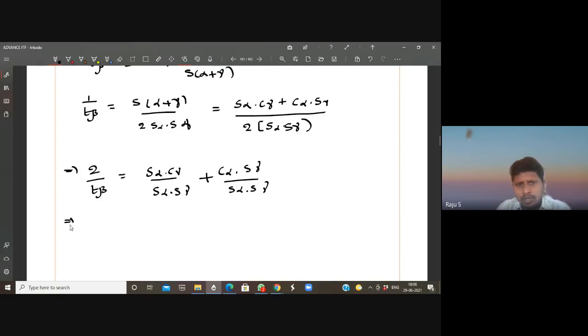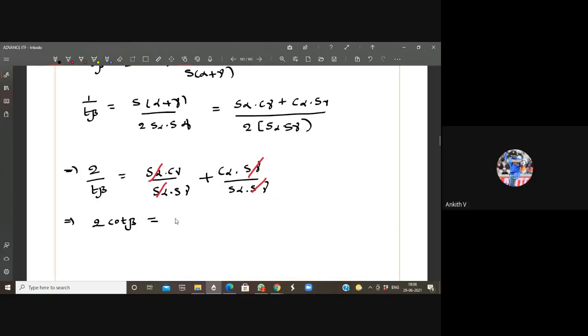So 2 by tan beta can be written as 2 cot beta, which is clearly equal to, anything will be cancelled here. Okay, then what about the remaining, students? See, cos alpha by sine alpha gives cot alpha, so cot gamma plus cot alpha.